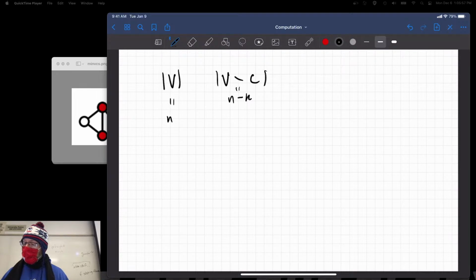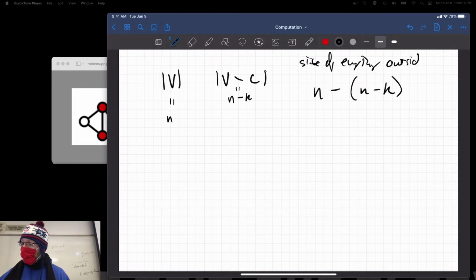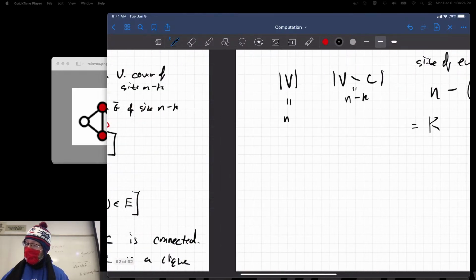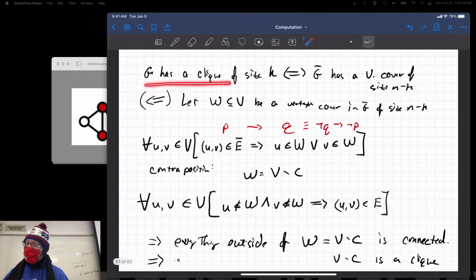right, then if I take, what do I want to say? N minus k, right? So this is going to be n minus k, the size of everything outside V set minus C is this, which is equal to k, which is what I was trying to prove, that there's a clique, everything is connected, and how big is it?